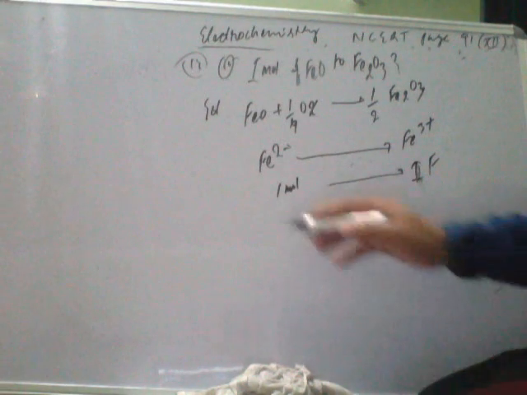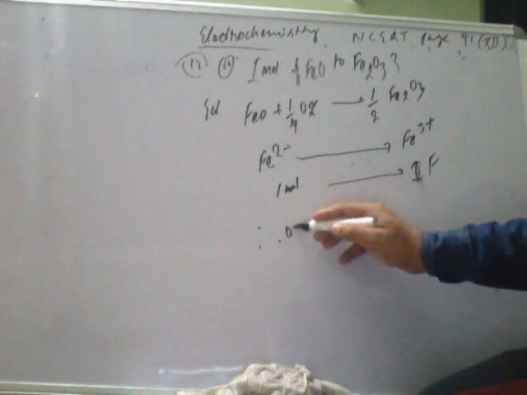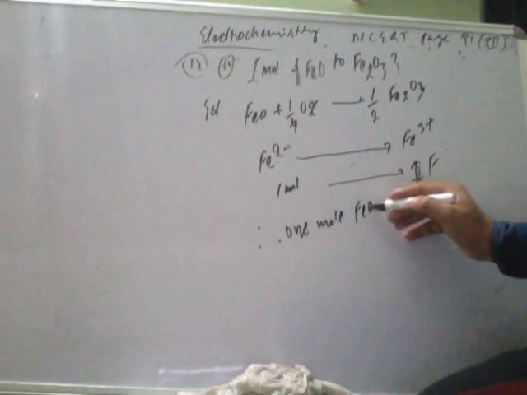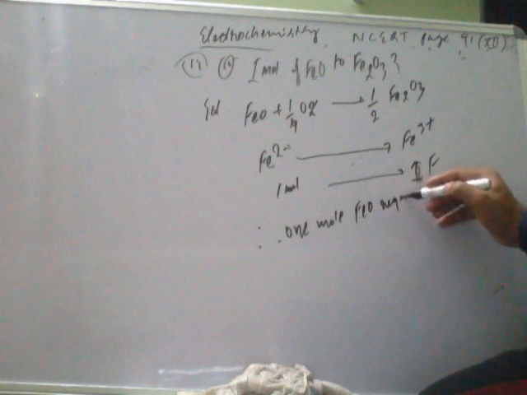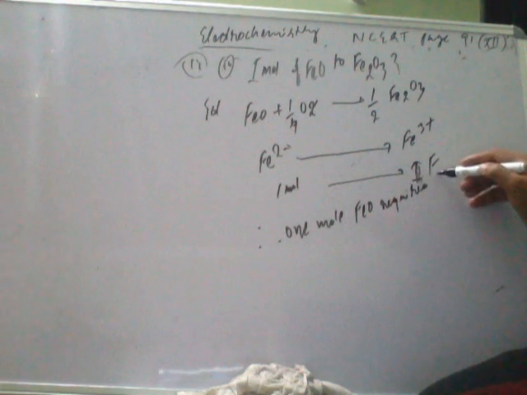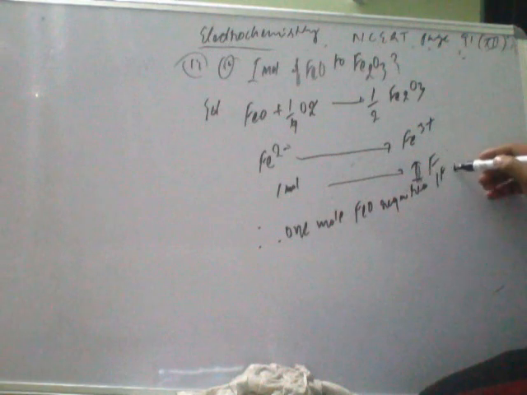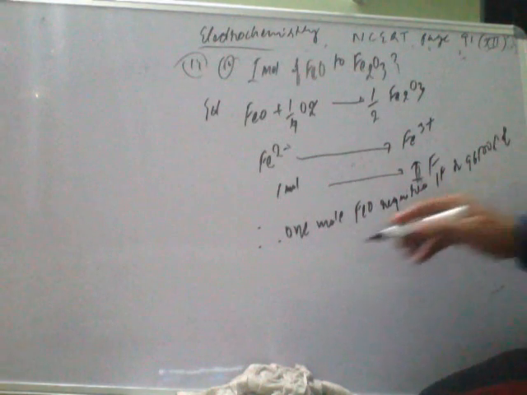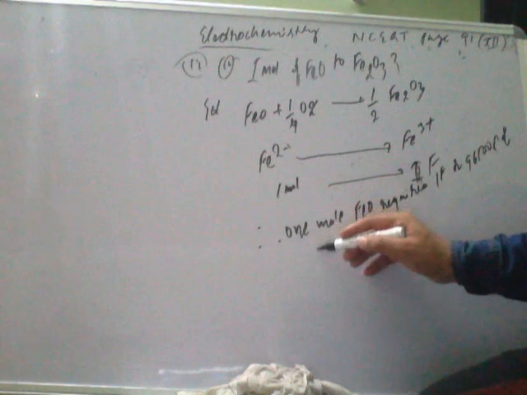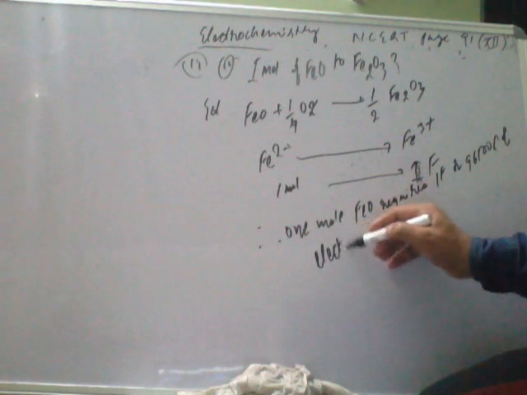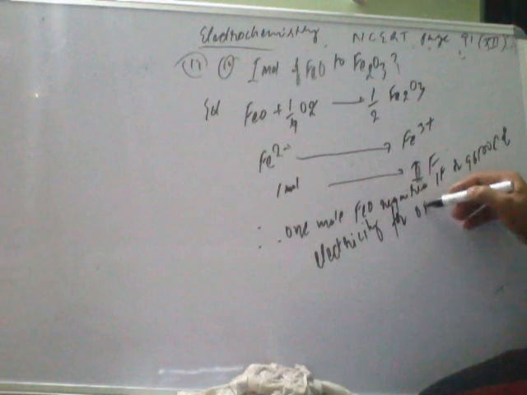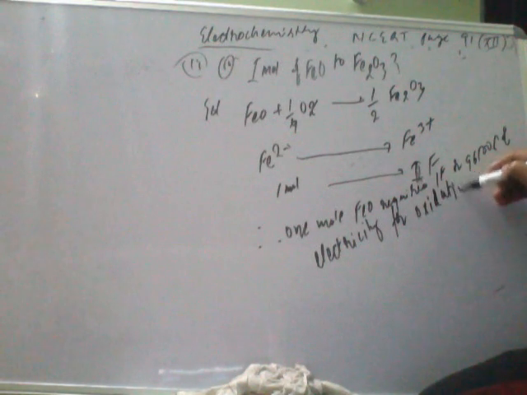Therefore we can write that 1 mole FeO requires 1 Faraday or 96,500 coulomb of electricity for oxidation. So this is all about the question.